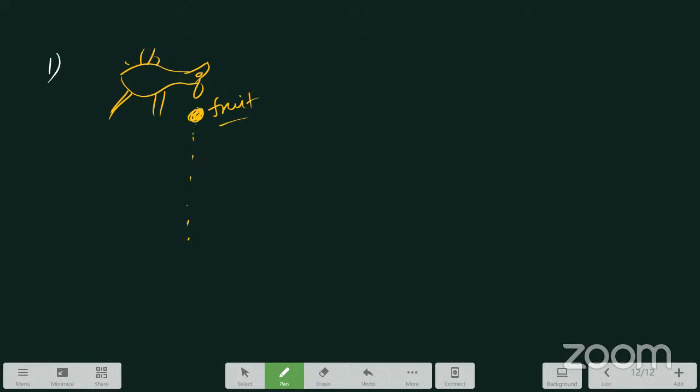Here, one bird released a fruit like this, coming like this. What is the motion of the object? Object is nothing but the fruit. Motion of the object with respect to the bird.